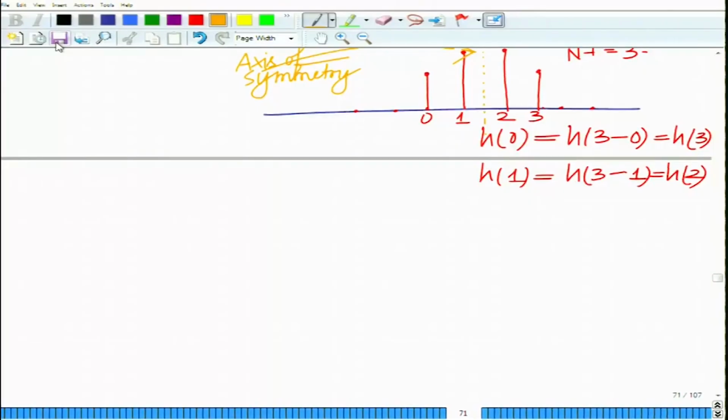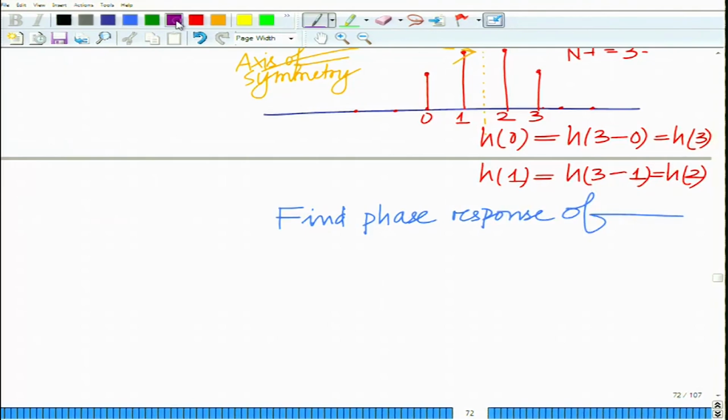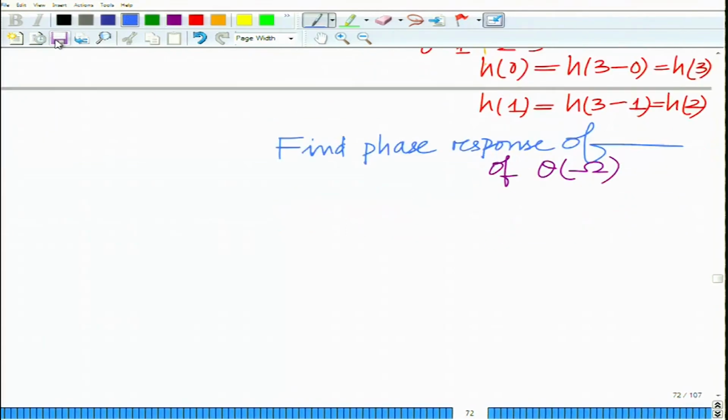So, now what we want to do is find the phase response, this quantity theta of omega. Now, you look at this property, now phase response. So, we want to answer the question, what is the phase response.